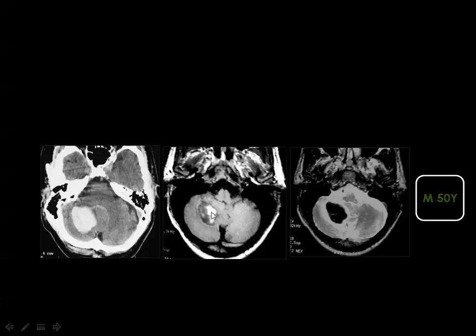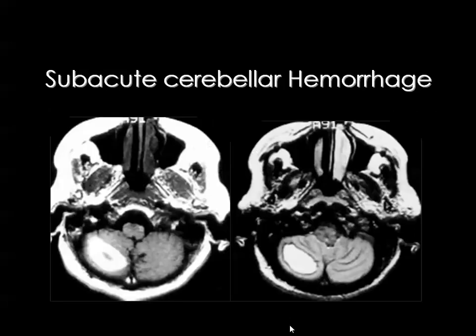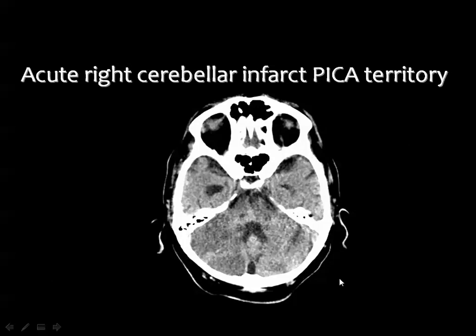And part of the hematoma will show high signal in the T1 and dark signal in the T2, denoting early subacute blood, intracellular methemoglobin. And this is the subacute cerebellar hematoma, right side, showing high signal in the T1 and high signal in the T2 with the low signal hemosiderin margin, as you can see.